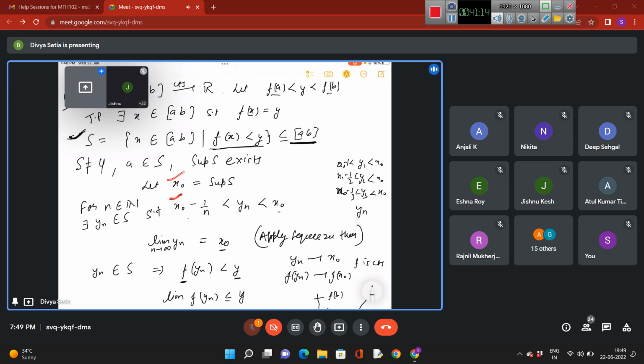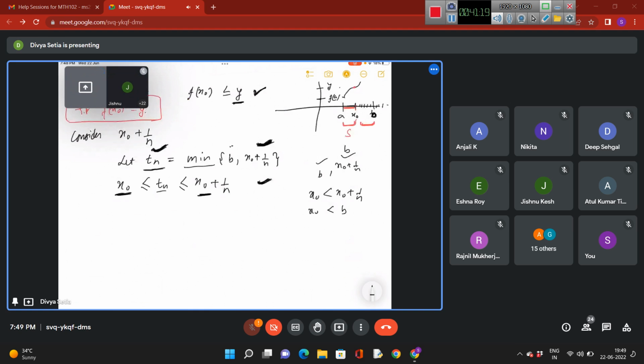So x naught is less than or equal to b. So if it is less than both b and x naught plus 1 by n, it should be less than each and every value of the minimum, right? Because the minimum is either this or this. So then your sequence lies between x naught and x naught plus 1 by n.